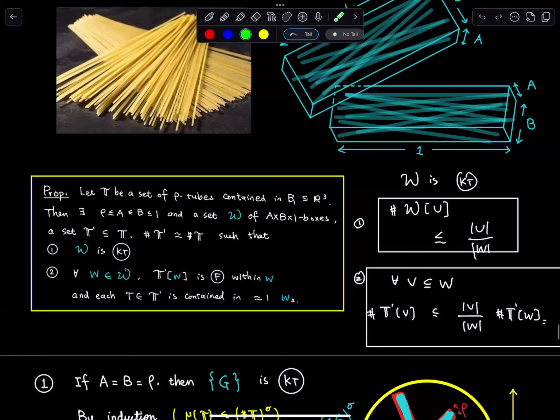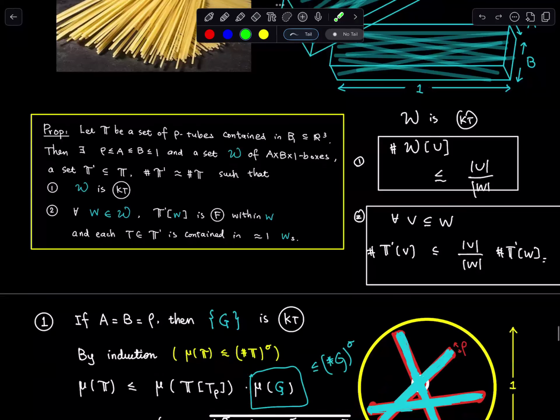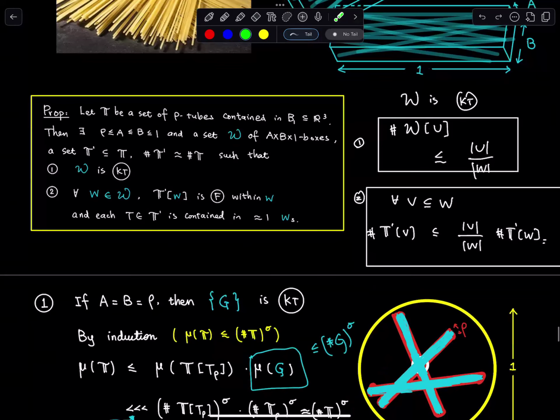So first of all, we know that W satisfies the Katz-Wolff axiom. And then second, for any A times B times 1 box, the set of tubes contained in the box satisfies the Frostman-Wolff axiom within this box.